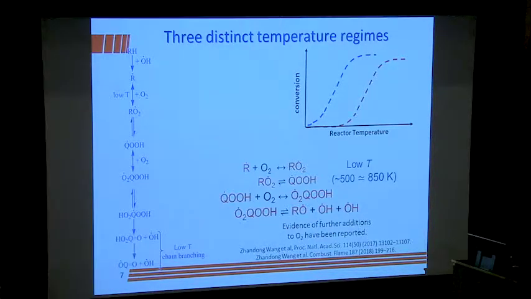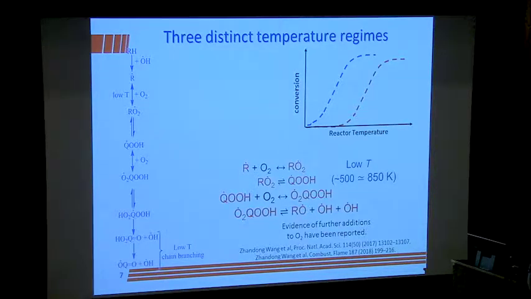But if you look at these publications, these are two that were published in 2017 and 2018. It was work led by Mani Sarathy at KAUST, and other co-authors were involved. There is evidence that once we form these radicals, we then have a third addition to molecular oxygen and possibly a fourth.